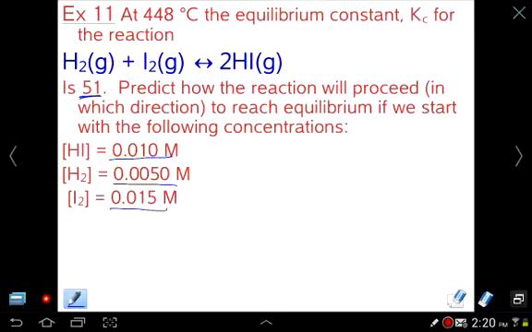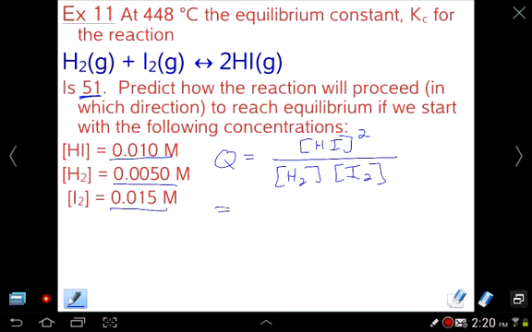Let's go ahead and plug these values into Q. Q is defined in exactly the same way as K. So in this case, Q would be HI squared divided by H2 times I2. Let's plug the values in. HI is 0.010, and this number gets squared.